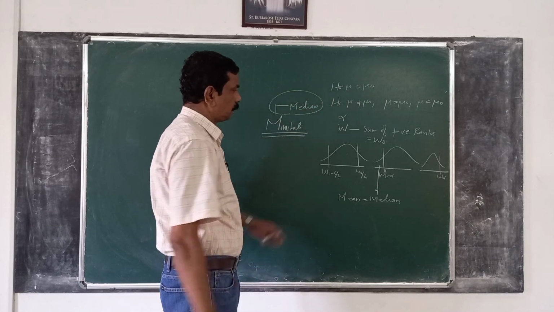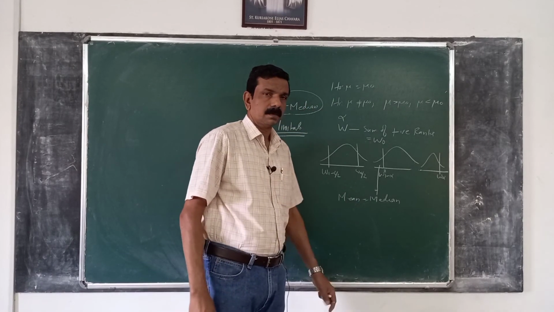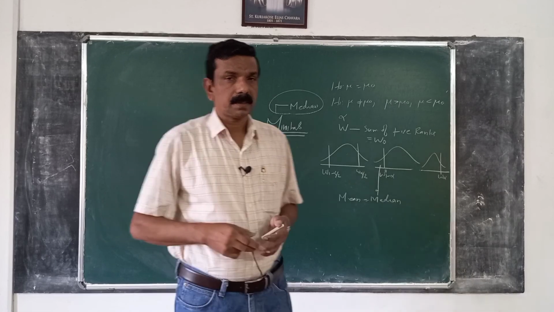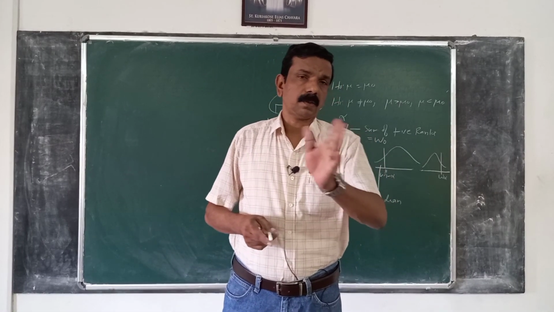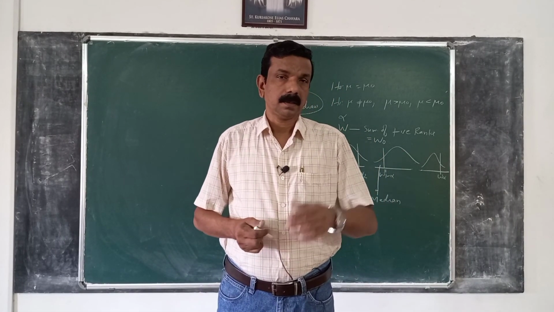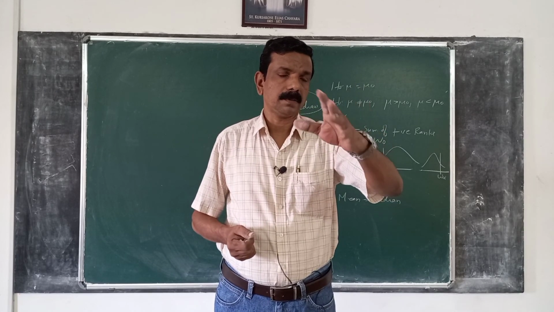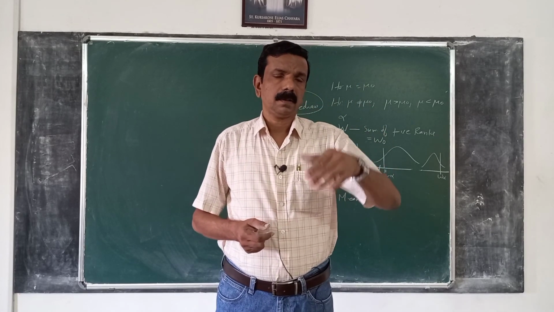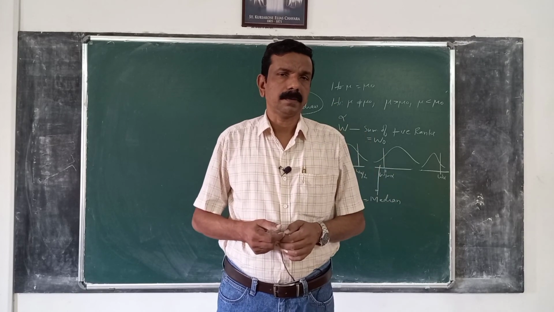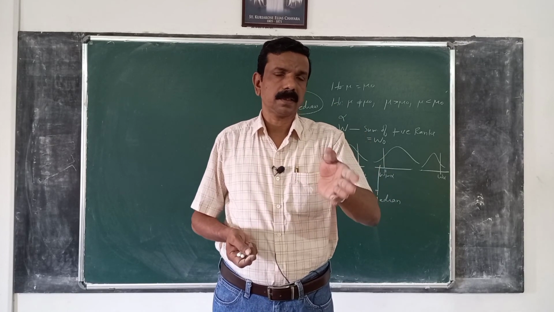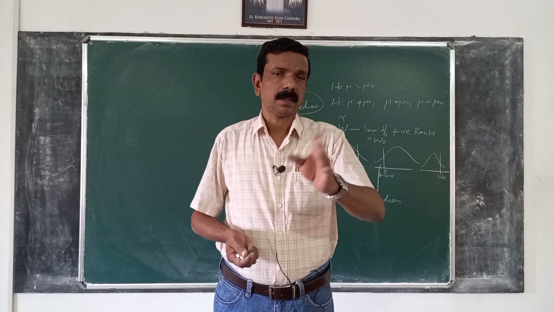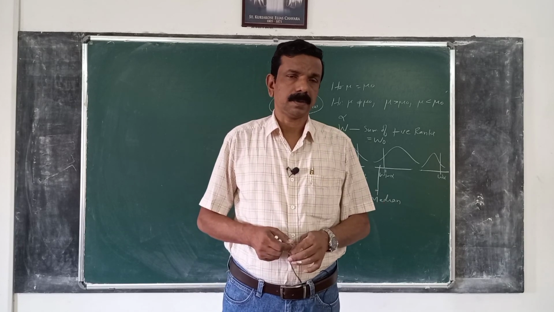You need not worry about all the calculations. You just decide whether your test is right-tailed, left-tailed or two-tailed. Then you will get the critical value and also the value obtained from the sample. Also, the computer will give you the p-value. So on the basis of this, you can take a decision whether to accept or reject a hypothesis.